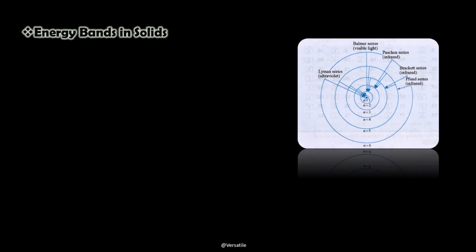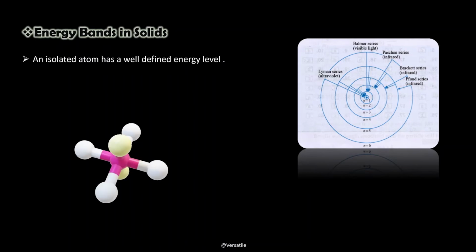From Bohr's atomic model, we know that an isolated atom has finite energy levels corresponding to different shells and subshells. And when two atoms come close to each other, there is an interaction between the valence electrons of these two atoms.